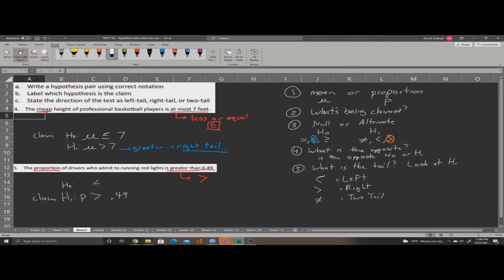But as we know, the null must contain an equal, so we'll place a mark underneath the less than to show that this is less than or equal for the null. We'll use the same symbol and the same number, and so p is less than or equal to 0.49. Now, let's find out what tail it is. The alternate hypothesis says greater. Therefore, we'll say this is also right tail.